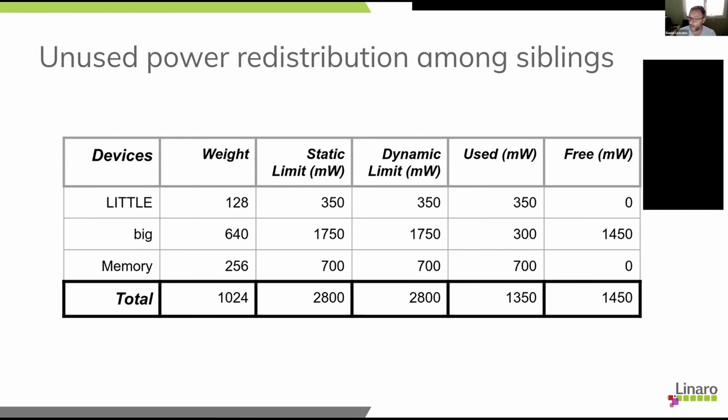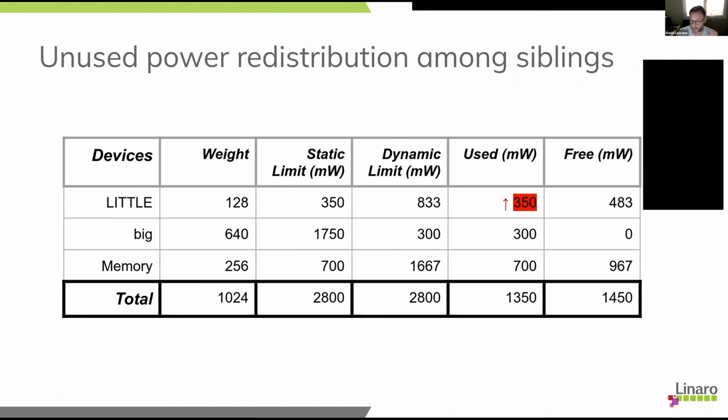So we have more than 1,000 milliwatts available, and we can give this available power to the siblings and always stay within the constraint we put on the upper node. So we can dispatch that given the weight again to the other siblings, and that will result in again free power for the others.